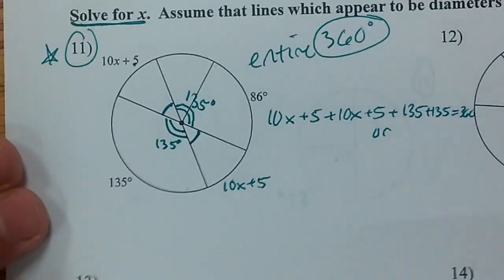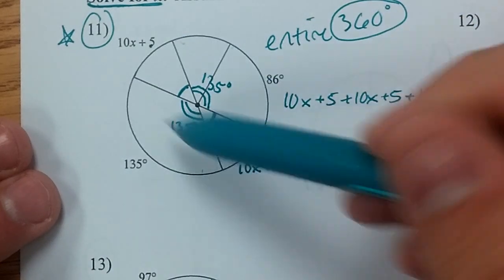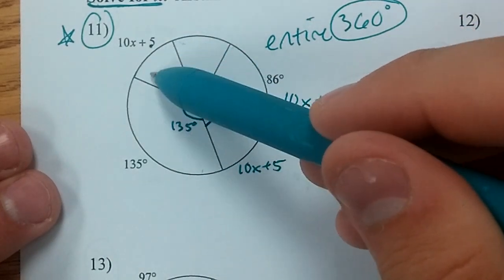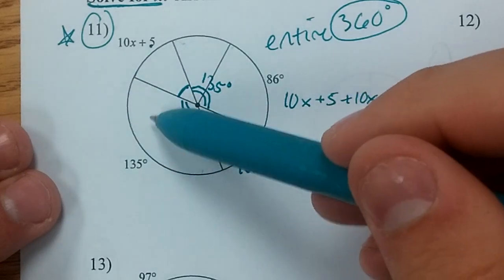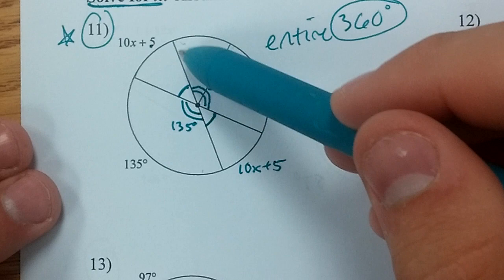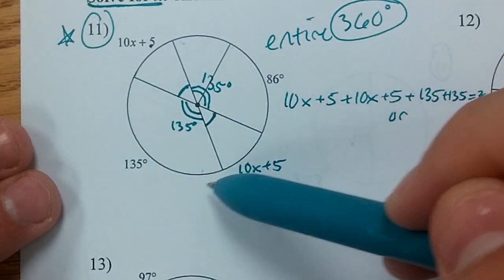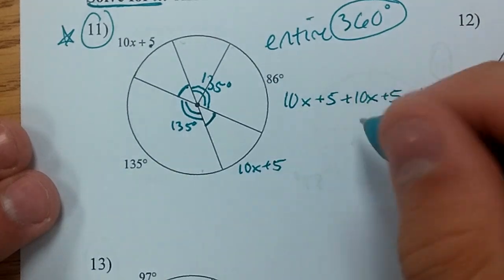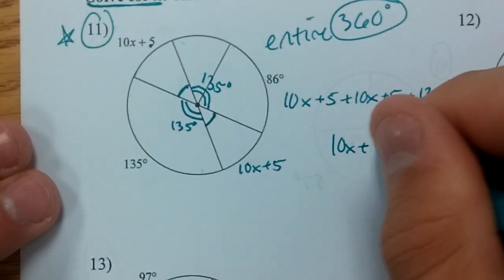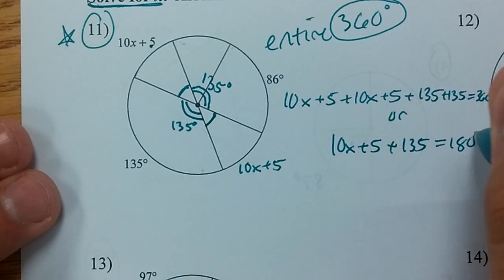Or the other option is, if this is a diameter and this piece is 10x plus 5 and this piece is 135 degrees, these two pieces should add up to 180 because the diameter cuts the circle in half. So right here, this piece will be half the circle. So the other option is 10x plus 5 plus 135 equals 180.